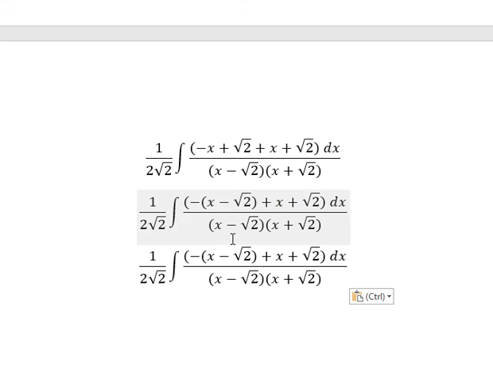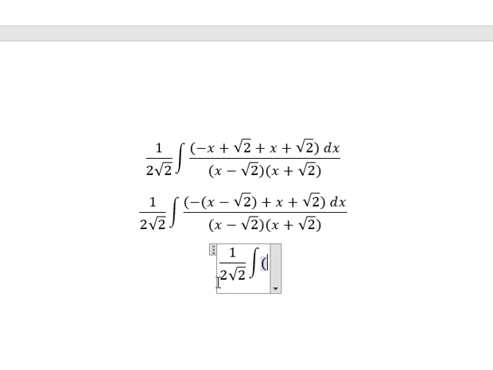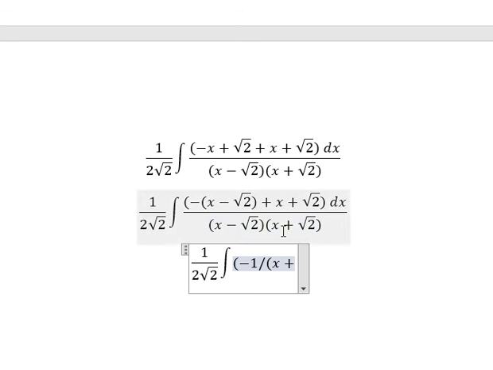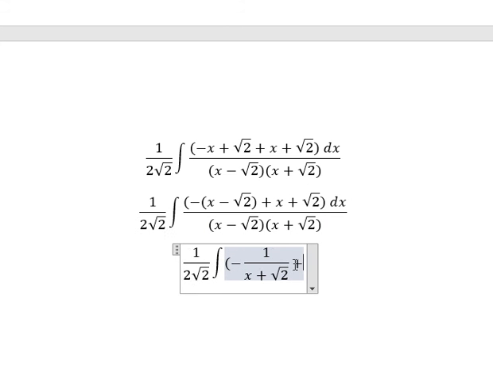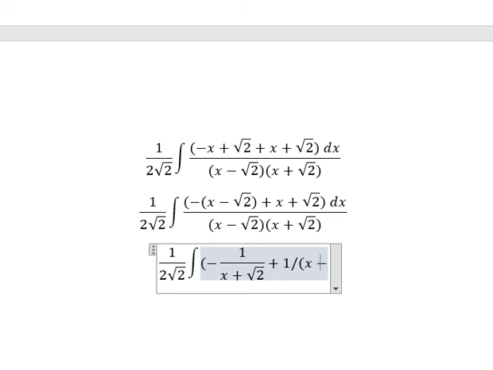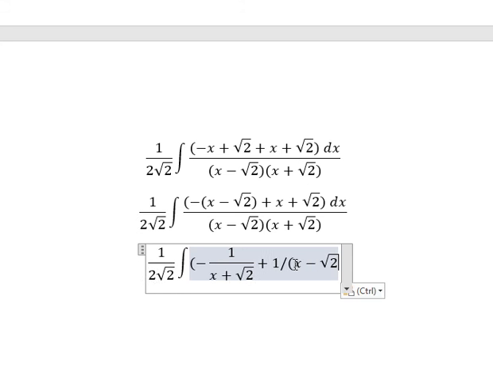Next, this one divided by this one, and this one divided by this one. So we will have negative 1 over s plus the square root of 2, plus 1 over s minus the square root of 2, ds.